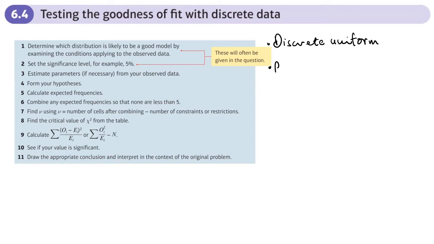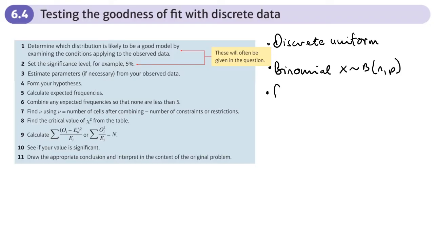It could be a binomial distribution. So remember, we have our parameters n and p. So we're looking to see, we've got a set of numbers, could they fit a binomial distribution?